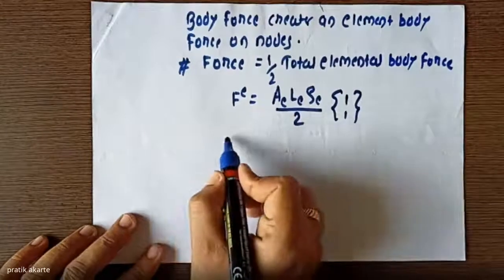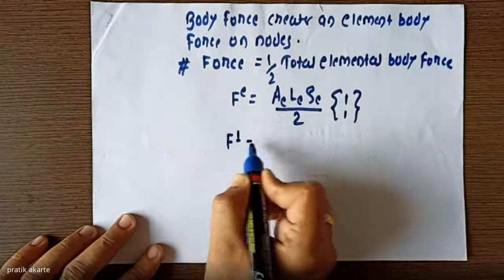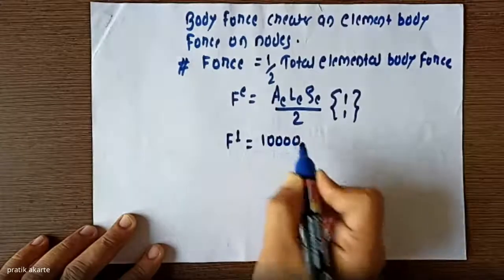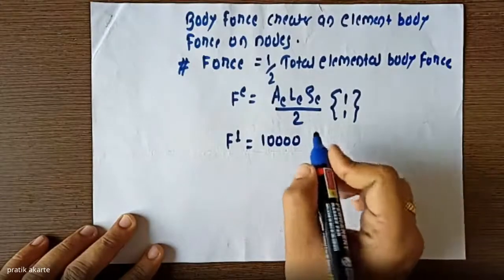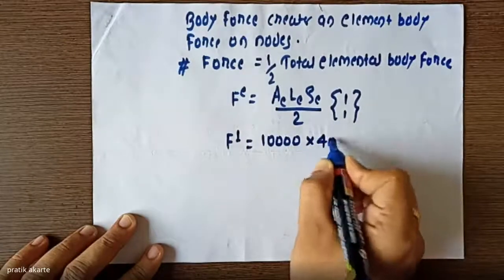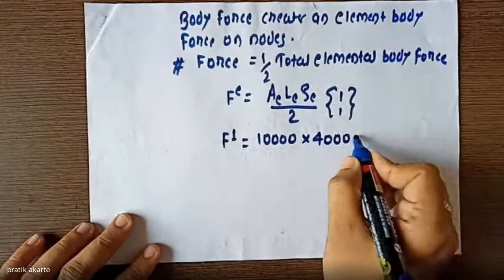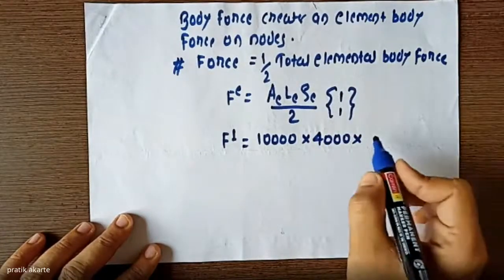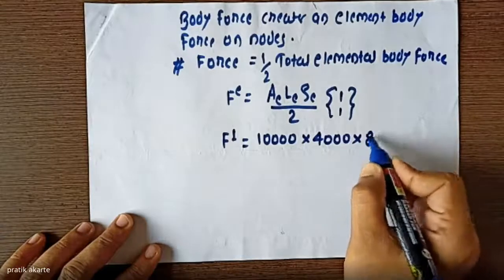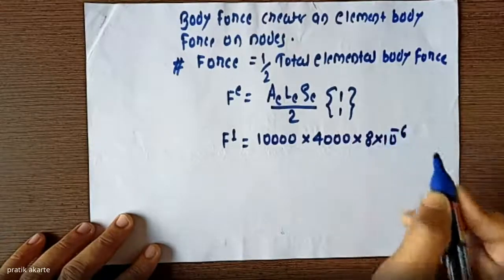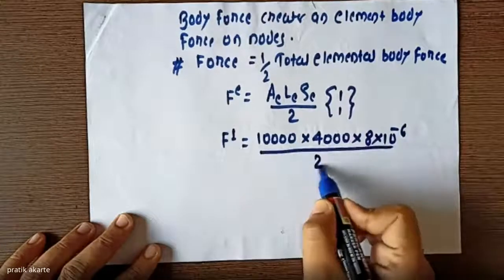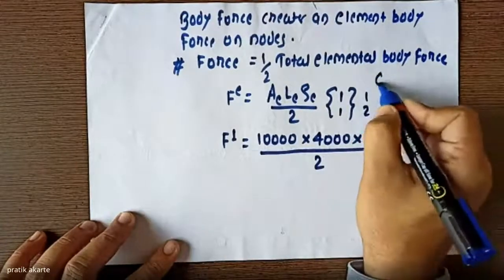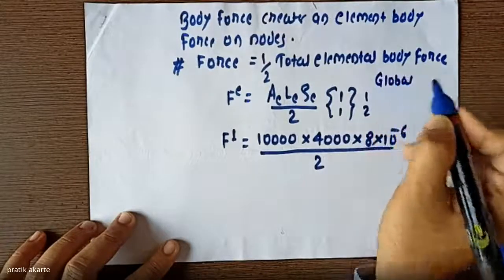Okay, so we can write for element number 1 the body force as cross sectional area 10,000 millimeter square into length 4,000 millimeter into this body force per unit volume, that is rho value, we have calculated as 8 into 10 raised to minus 6 divided by 2, and this is for node number 1 and 2 in global degrees of freedom.